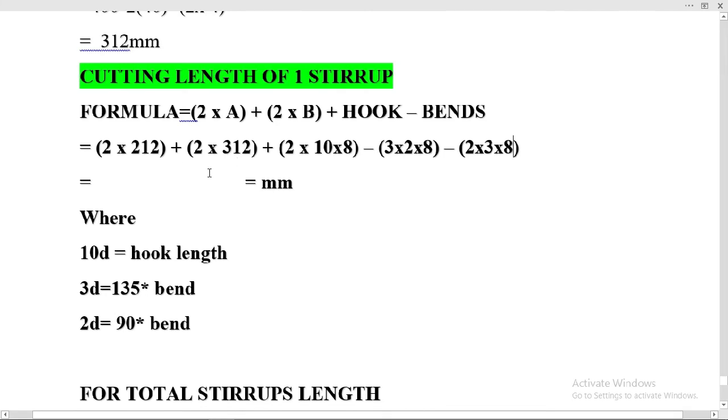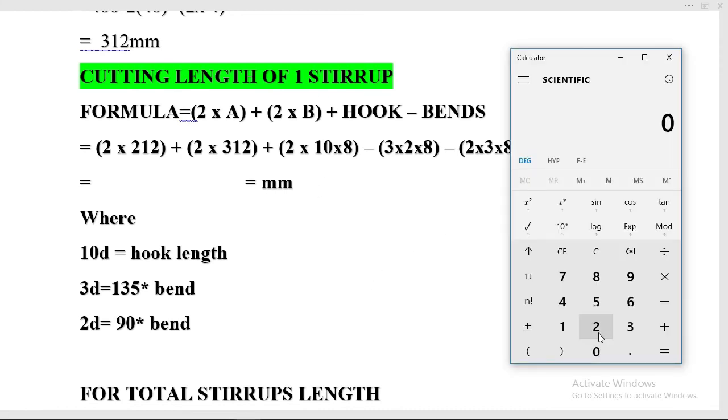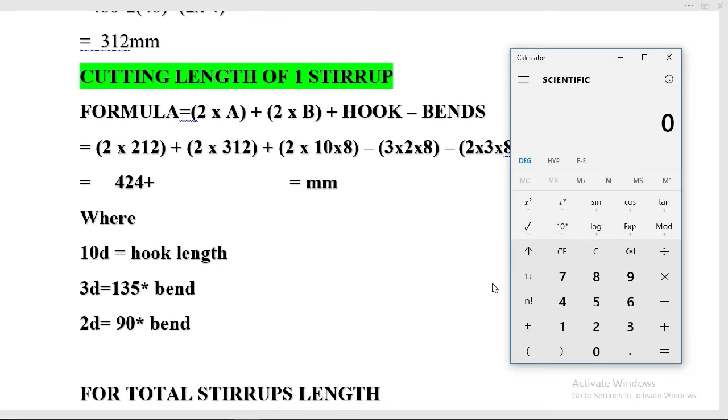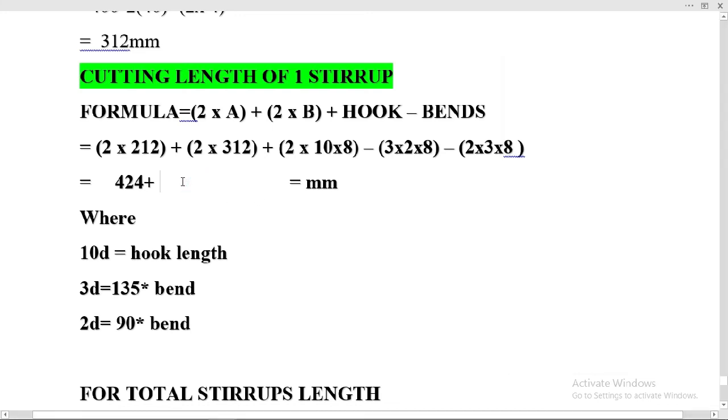So let me calculate the cutting length required for one stirrup on the calculator. 2 into 212, 424, plus 2 into 312, 624.